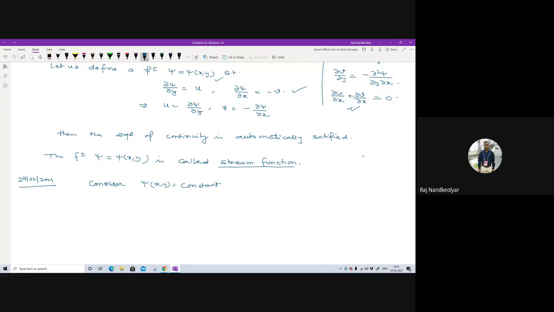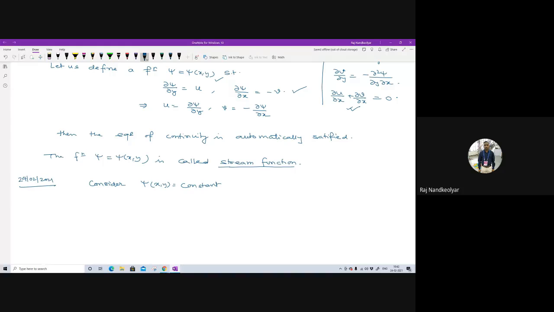Psi(x,y) equal to constant is actually a family of curves. For example, let us say x square plus y square equal to constant. This is a family of circles. You change c, you will get a different curve. So psi(x,y) equal to constant, in general, represents a family of curves.